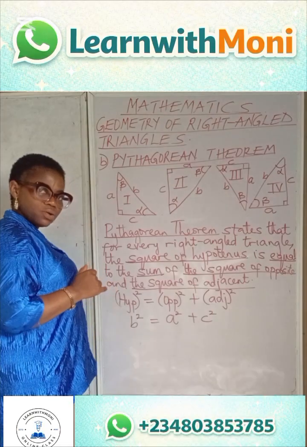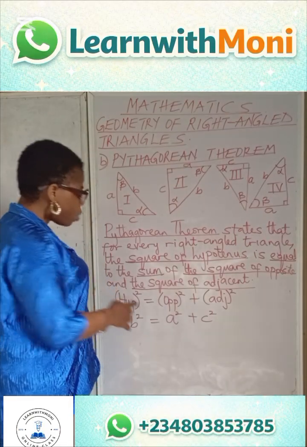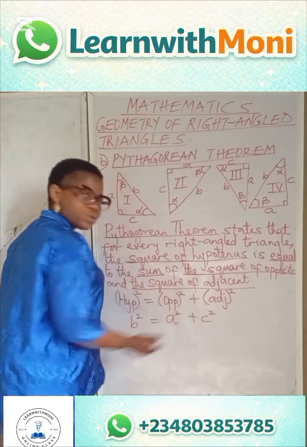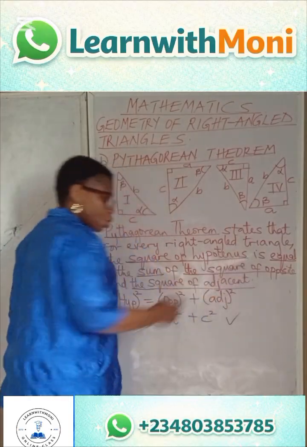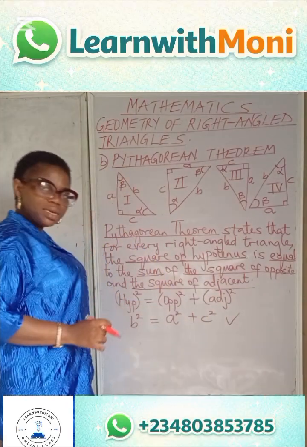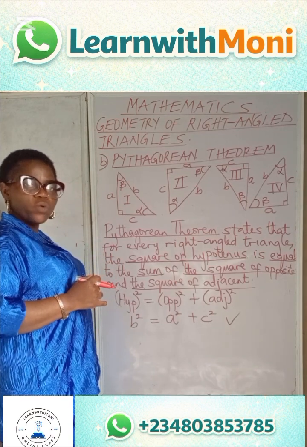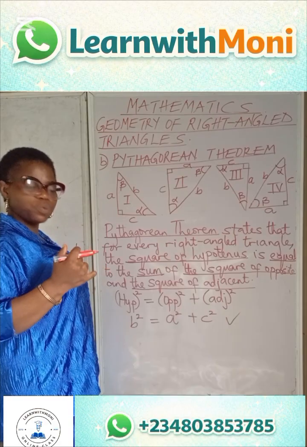Looking at this, we can change the subject of the formula. When we are considering the hypotenuse, the Pythagorean theorem goes this way, and it is very correct. What about if it is the A I need to get? Let us quickly do a recap of simplification of algebraic expressions.